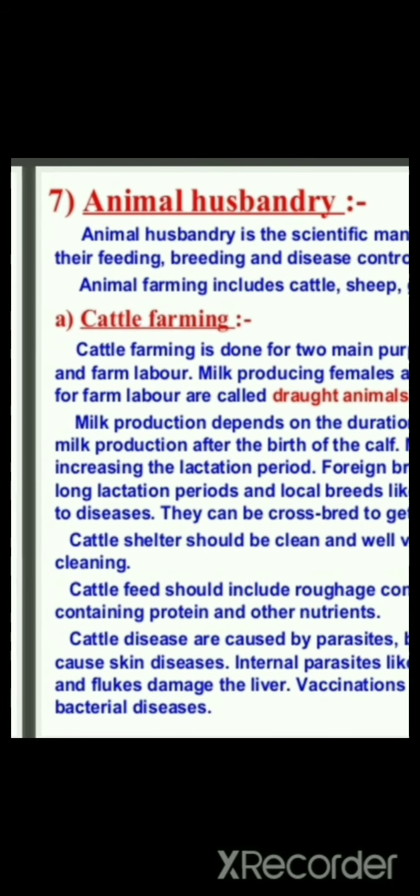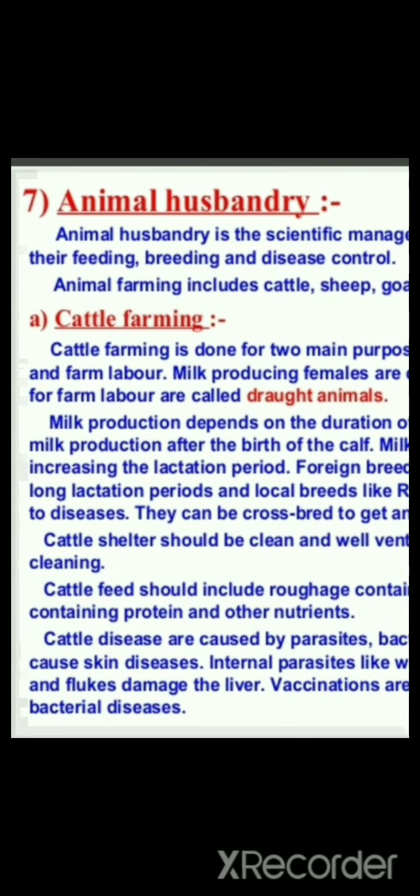Among foreign breeds, there is the Jersey cow, and among local breeds the Desi cow. Jersey cow is a foreign breed, and Brown Swiss have a long lactation period. They are both foreign breeds. Local breeds like Red Sindhi and Sahiwal are resistant to diseases.